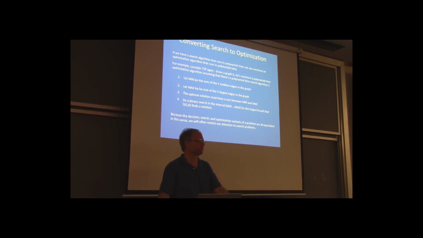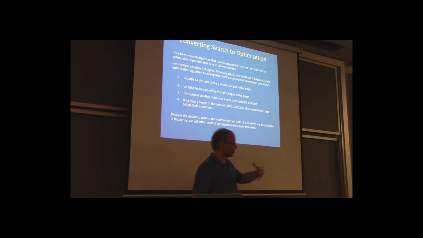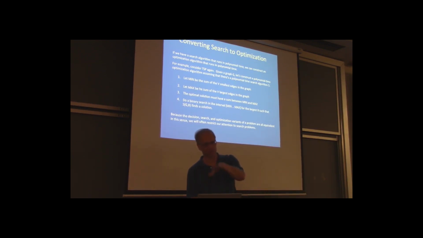Yeah? Is there any reason why either of those steps hasn't been solved in a faster time than polynomial? Faster than polynomial? Well, they haven't even been solved in polynomial time. Right? So I said, if there's a polynomial time solution to the decision version, there's a polynomial time solution to the TSP version. But no one's found such an algorithm for any of these.